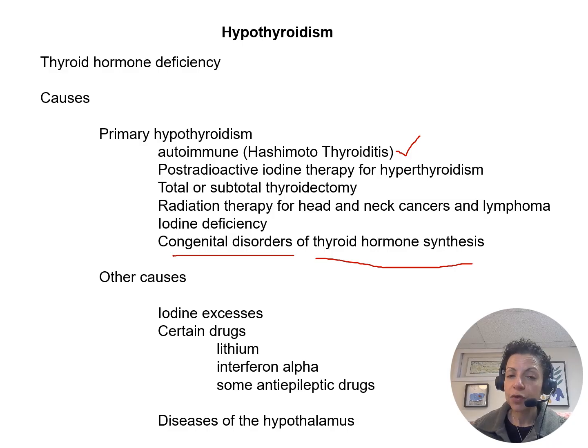So genetic abnormalities, genetic mutations in the genes that code for thyroid hormone, that can produce hypothyroidism. Another extremely common cause of hypothyroidism is iodine deficiency. Iodine is a component of thyroid hormone, and it is the only component of thyroid hormone that we cannot synthesize.